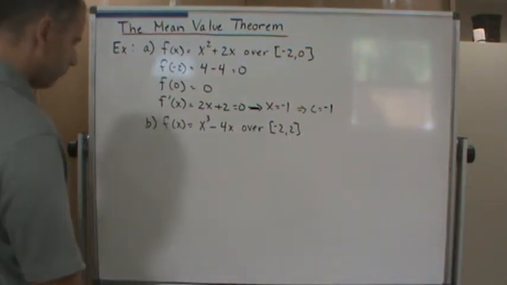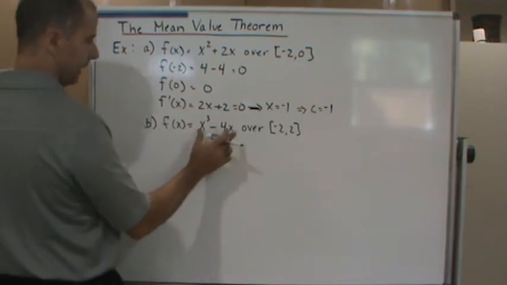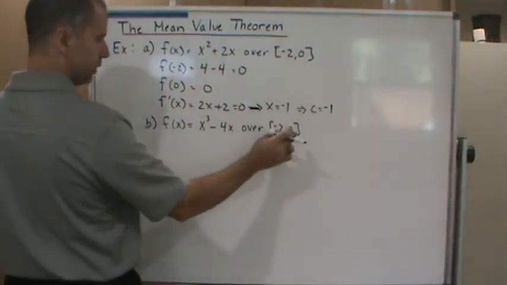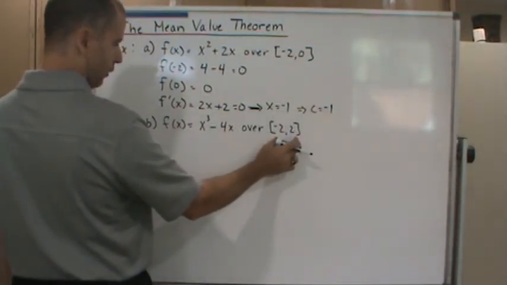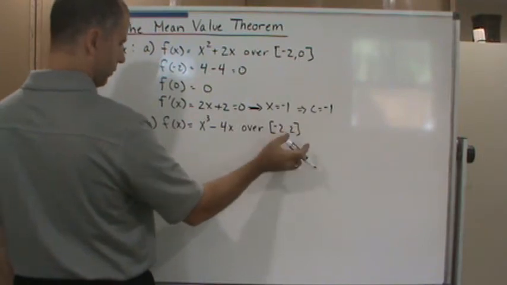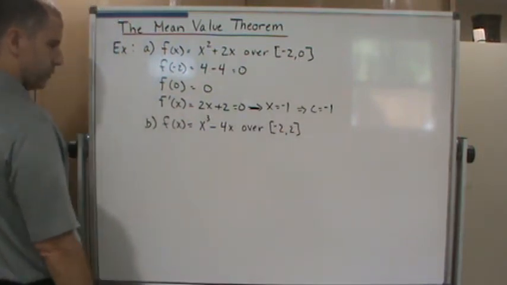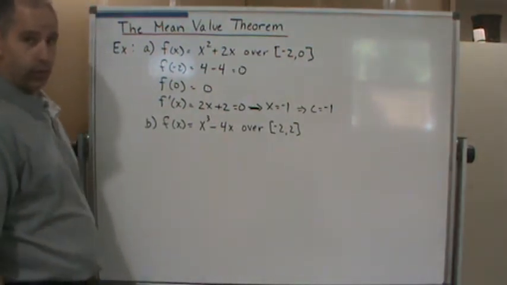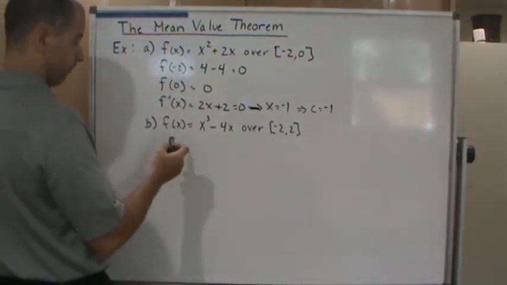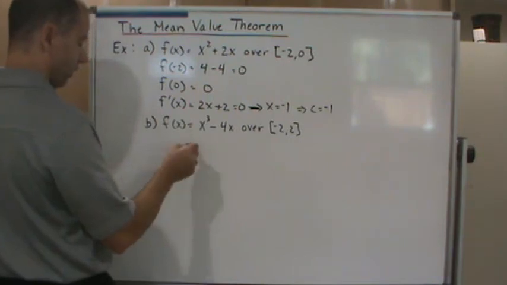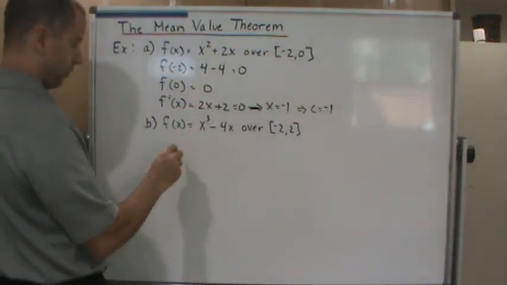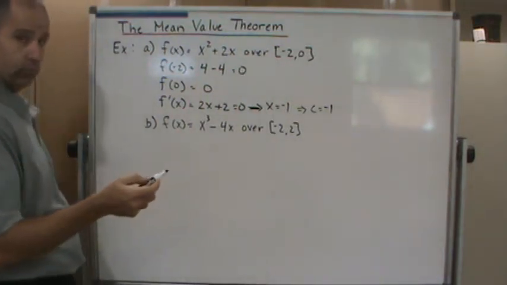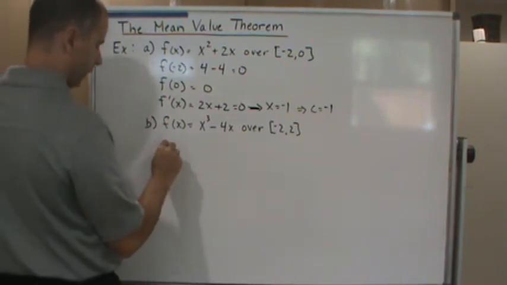Now, let's do B. Again, we've got a polynomial, so we know it's continuous over the closed interval, and it's also differentiable over the open interval, which is what matters for the sake of the theorem. Now we're going to also test the endpoints, because they have to be equal in order to use Rolle's theorem.